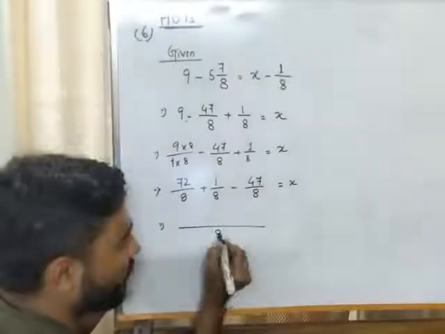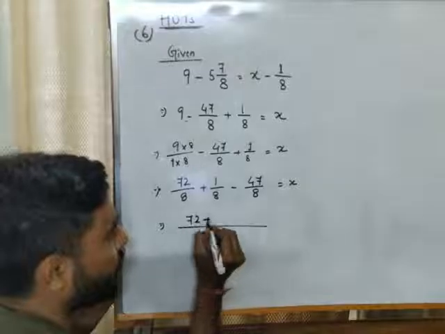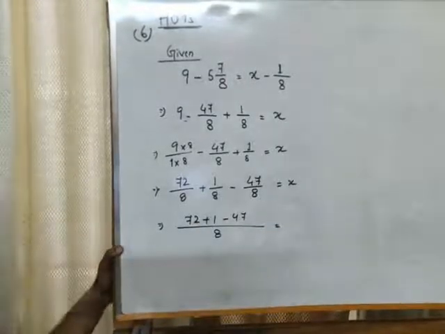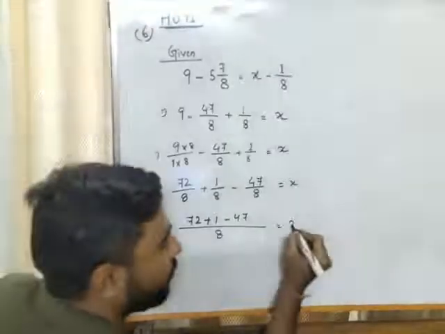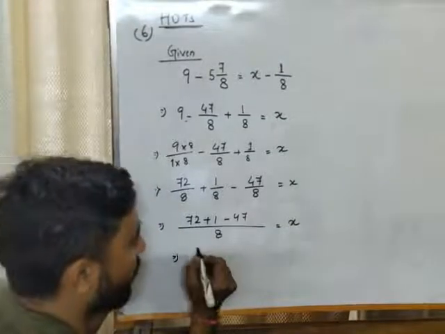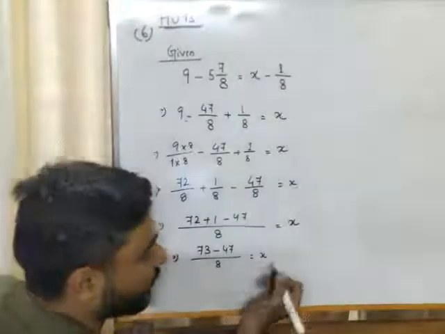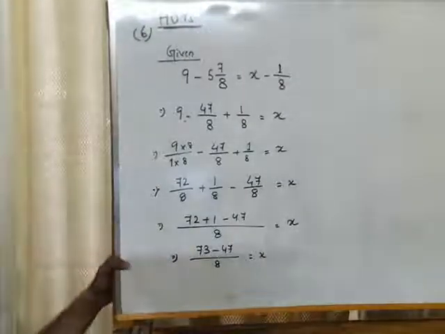So now LCM will be 8. So 72 plus 1 minus 47 is equal to, so here it will be 73 minus 47 by 8 is equal to x. Is it clear?